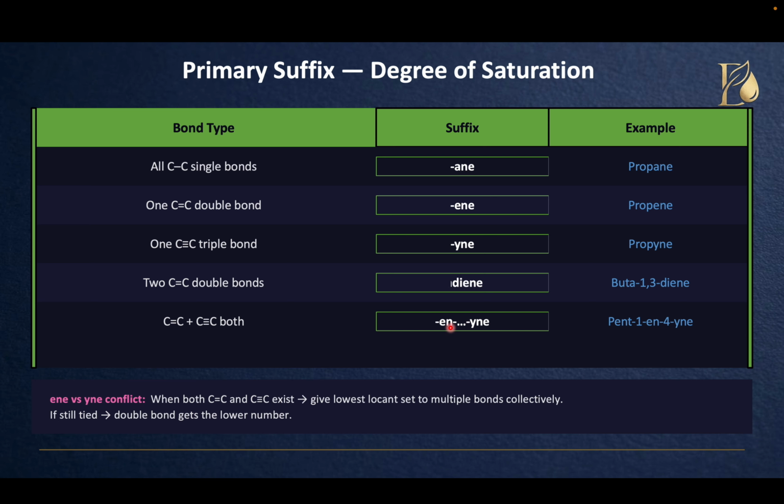For example, pent is a hydrocarbon which has 5 carbon atoms, and if double and triple bonds come together, we will use pent-ene-yne. Ene, yne represents the double bond and triple bond in the same compound. Don't worry about these numbers, we will discuss them in detail.